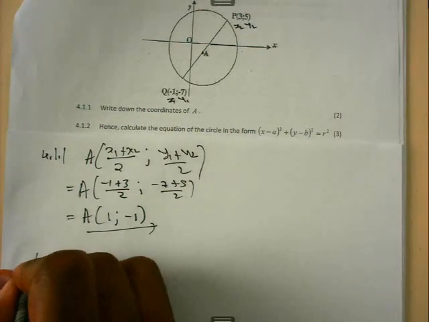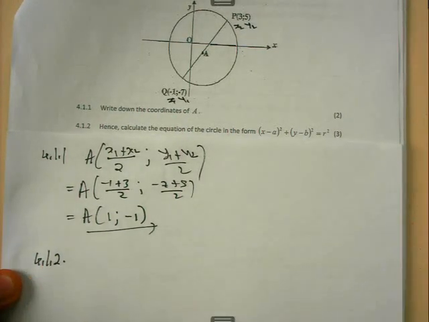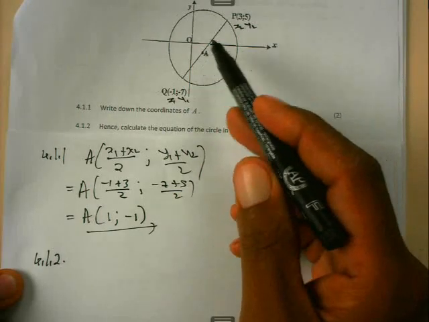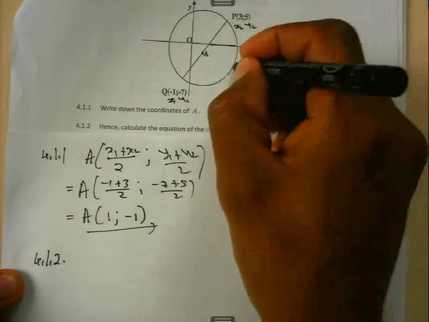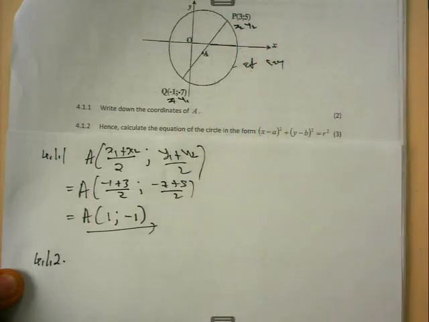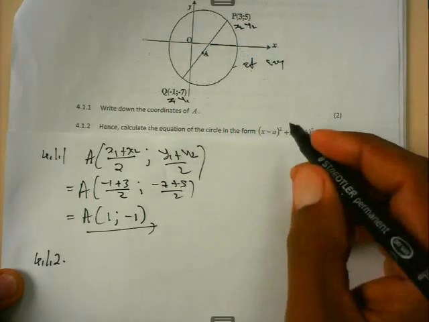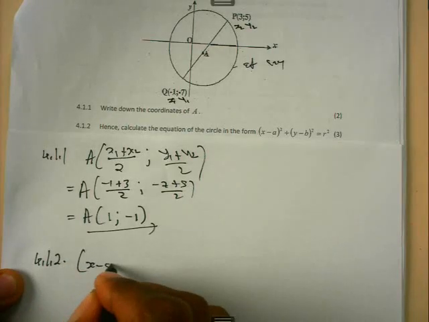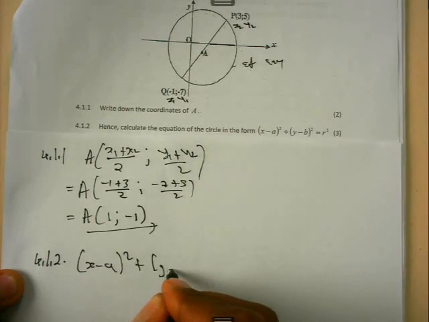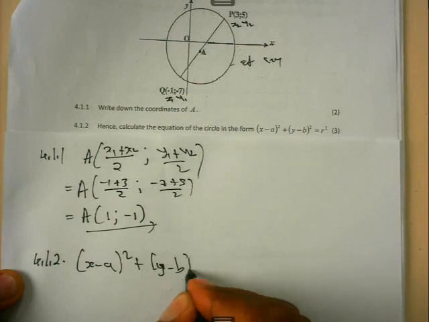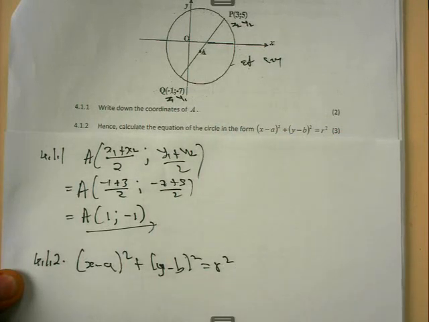Now, what about 4.1.2? Hence, calculate the equation of the circle in the form (x - a)² + (y - b)² = r². Because A is the center, this circle is centered at that point, therefore we use (x - a)² + (y - b)² = r².